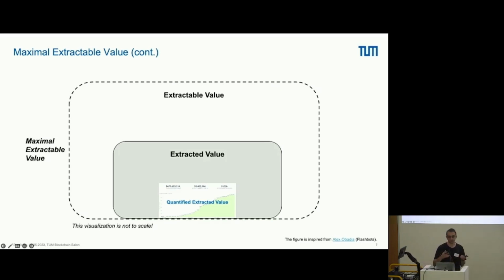On top of that, a blockchain is basically a state machine, and the total value resides there. We can never potentially know the whole picture of the existing value. So the extractable value is actually much larger than the extracted value, and you can think of maximal extractable value as the border of that extractable value.